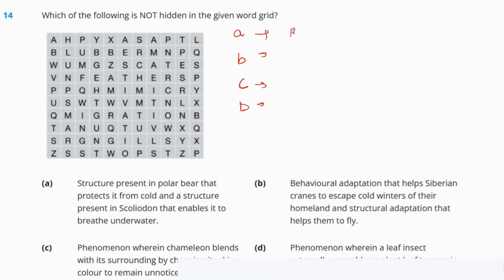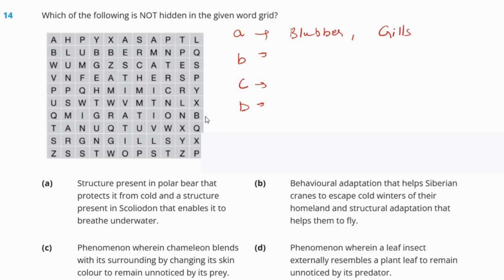So everyone, it would be blubber and gills, right? First we will write down our answers over here. Then option number B is behavioral adaptation that helps Siberian cranes to escape cold winters of their homeland, and structural adaptation that helps them to fly.